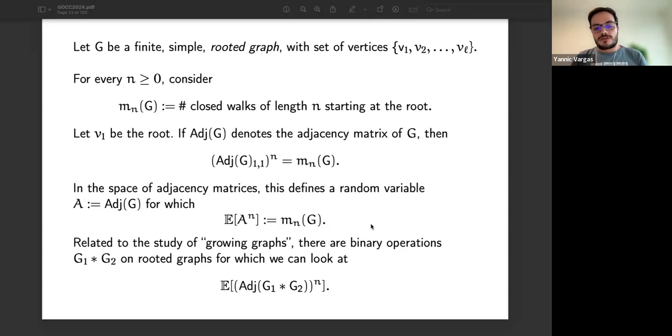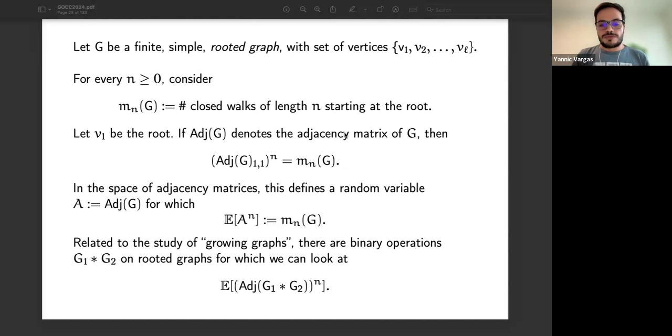And this appears in the study of growing graphs, for which you have a process of graphs growing in time, and the way they are growing is through some operation that I'm going to show in a moment. What we are interested in is this expectation, which corresponds to the expected number of closed walks of a certain size, as the graph keeps growing.